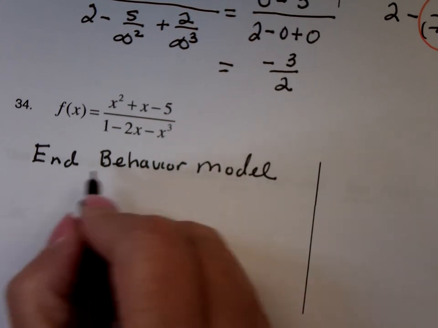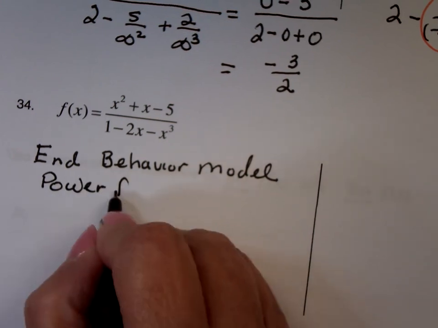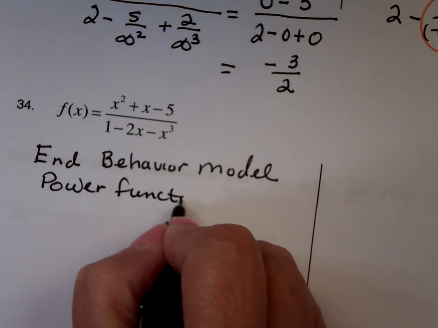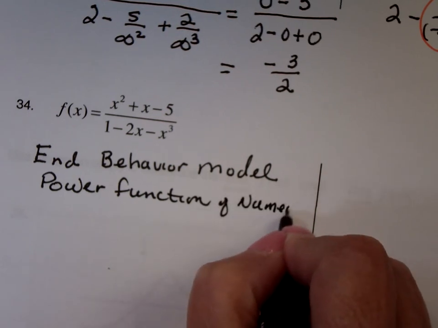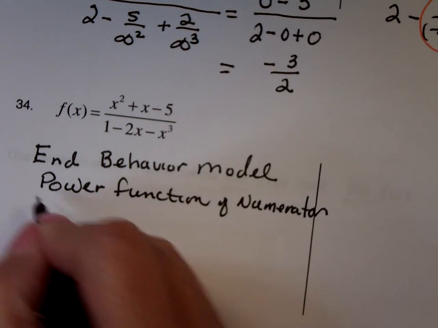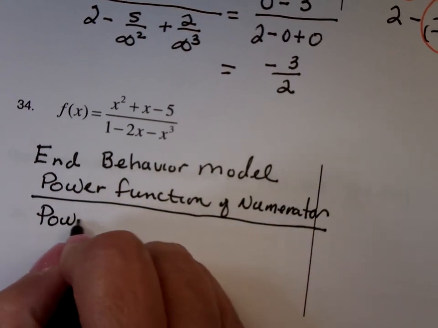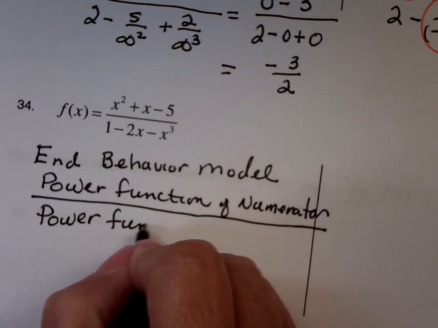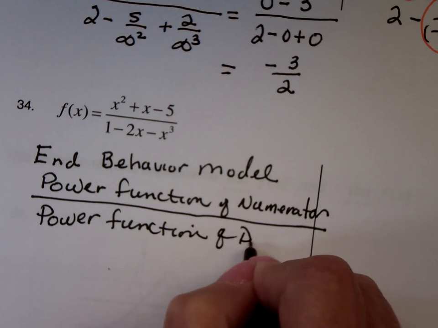And what it is going to be is the power function of the numerator divided by the power function of the denominator.